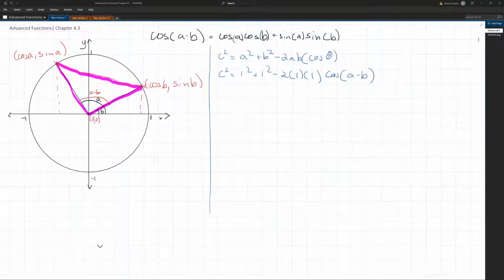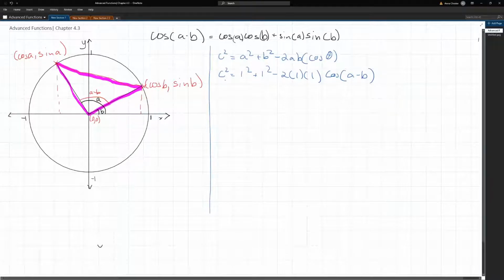From here, we could also find another way to define c. If you remember, let's label this first. Our second way could actually be using the length formula. We're given both of the coordinates, so it should be rather easy. The length formula was defined as c squared is equal to the difference of x1 minus x2 squared plus y1 minus y2 squared.